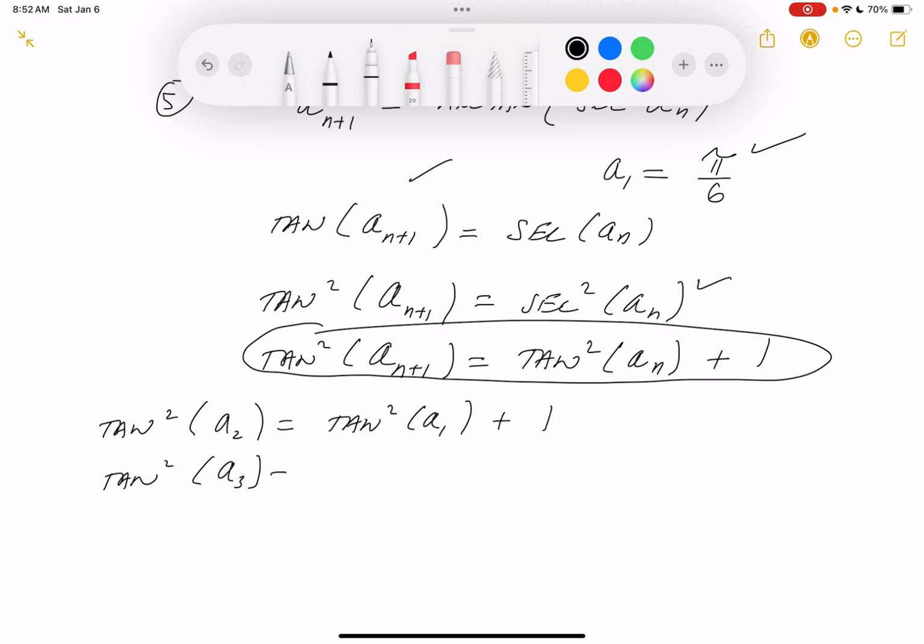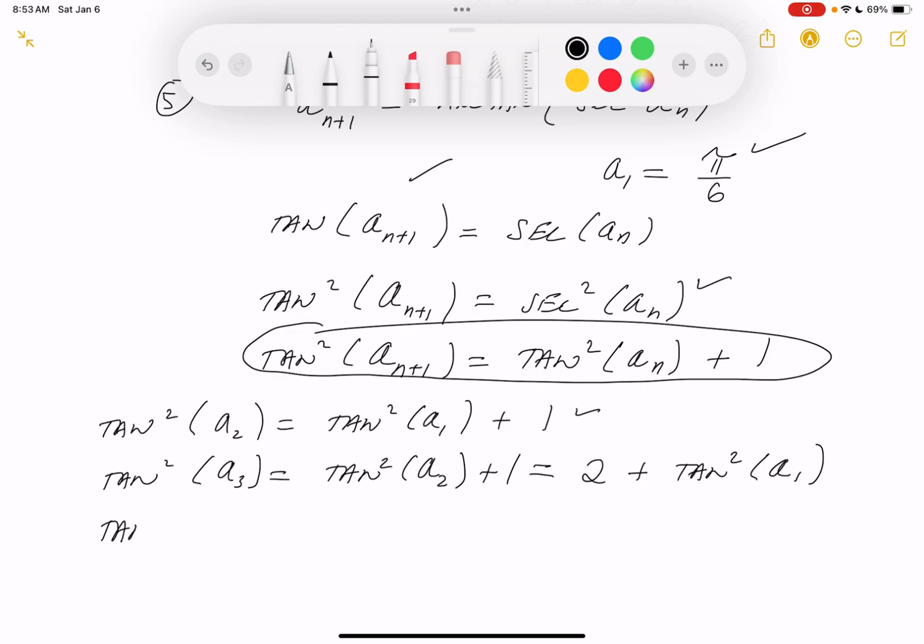Tangent squared A3 would equal tangent squared A2 plus 1. I know what that's equal to: this guy over here plus 1, so it's going to be 2 plus tangent squared A1. The only thing I did there is go back to A1, because I'm looking for a pattern.